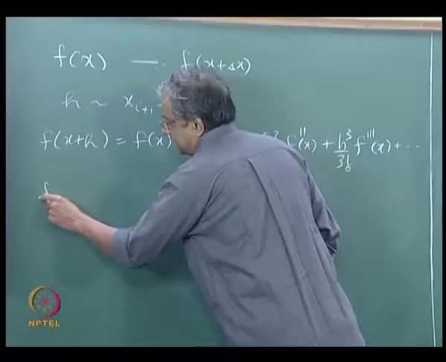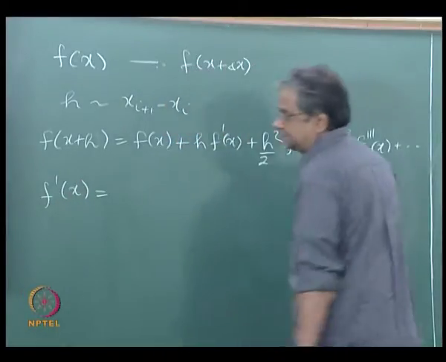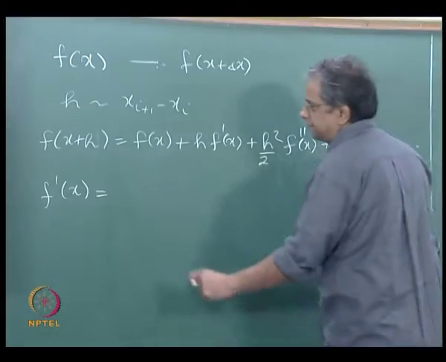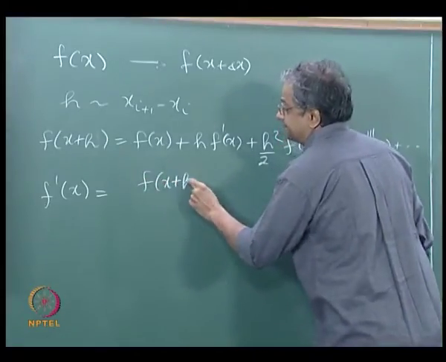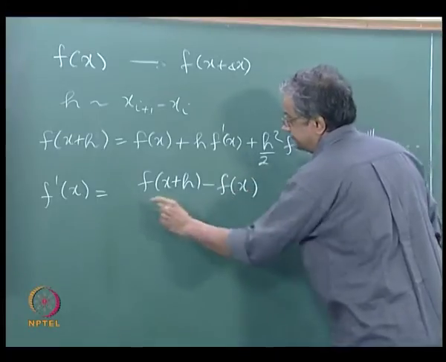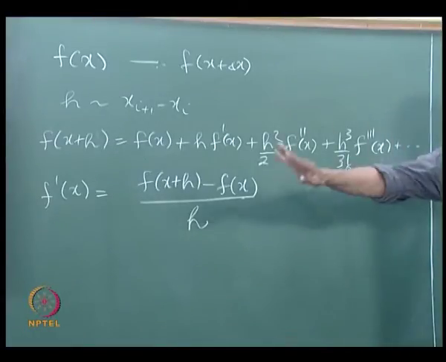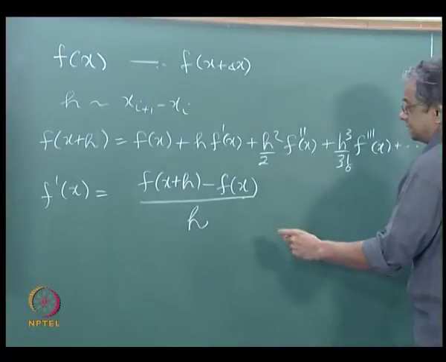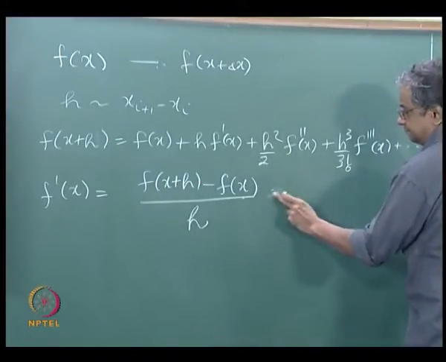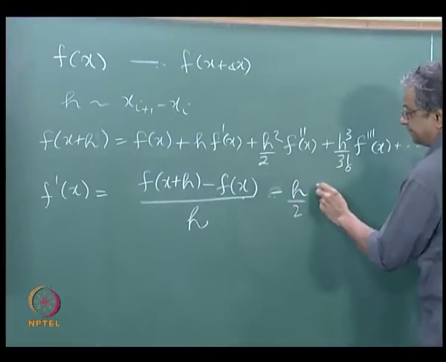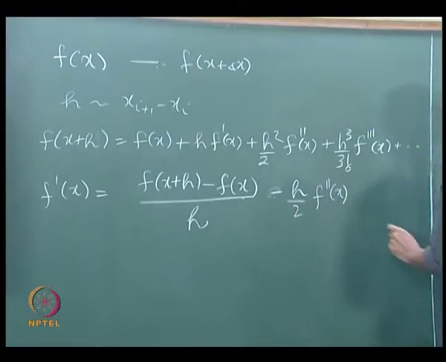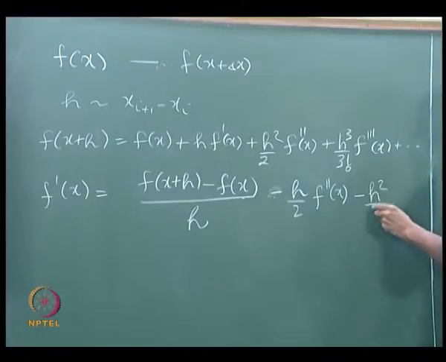That is, solving for f prime, f prime of x can be written as f of x plus h minus f of x divided by h. Then we have to take all of these infinite number of terms to the other side, and what will that give us? Minus h by 2 f double prime of x, minus h squared by 3 factorial, which is 6, times the third derivative of x, and so on.